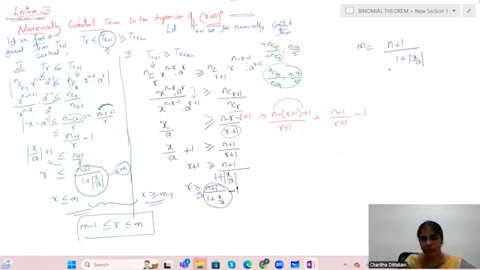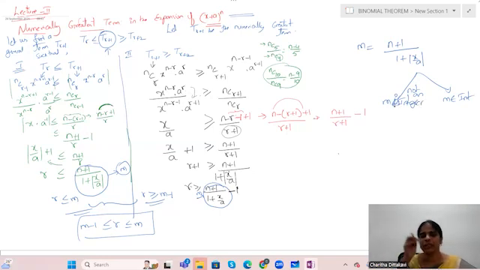After doing all this calculation, I will get two cases: one wherein m belongs to integers and the other wherein m is not an integer. Suppose m is not an integer is my first case and m is an integer is my second case.